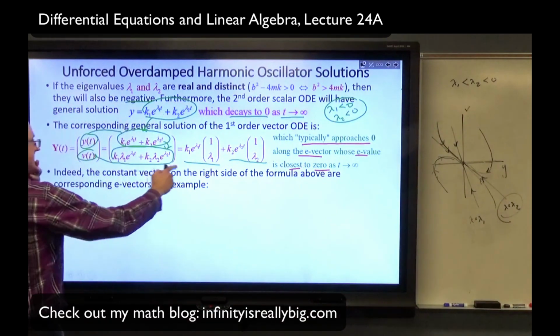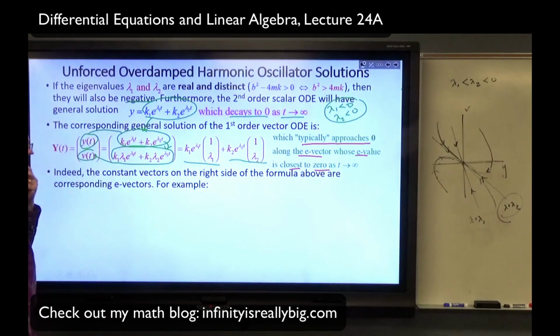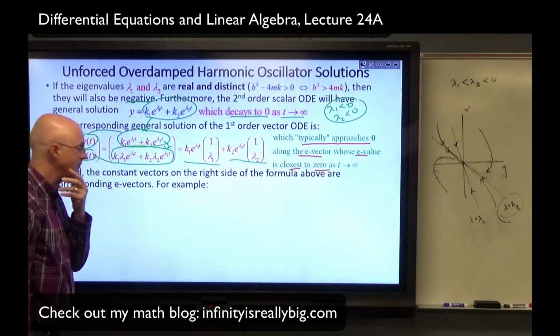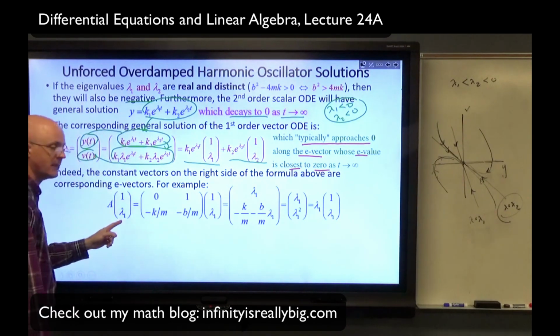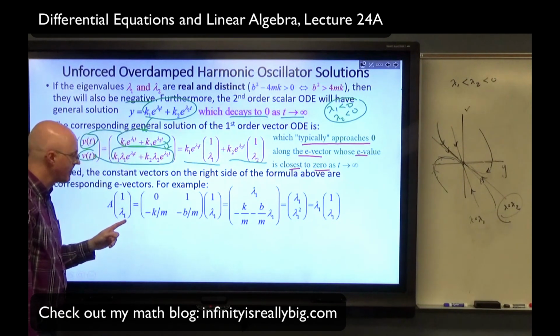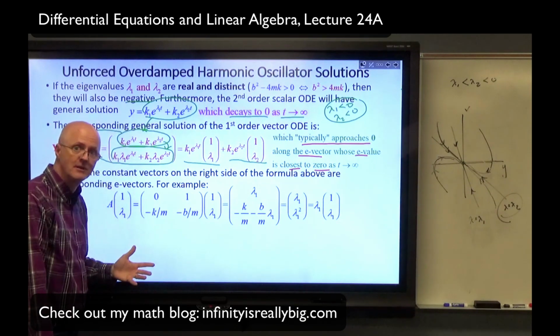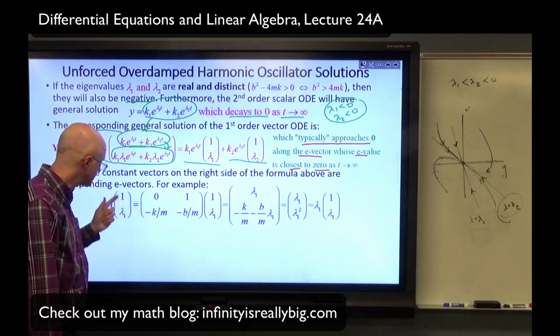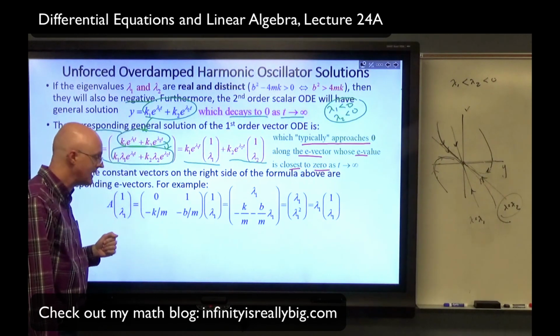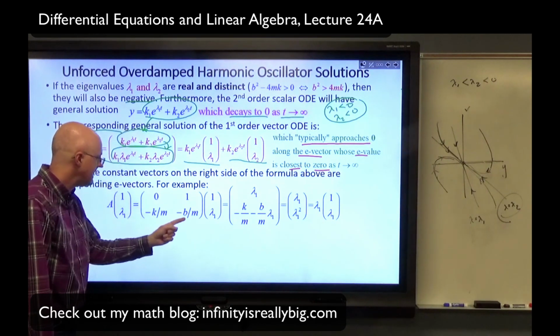Indeed, these constant vectors are eigenvectors for the corresponding eigenvalues. And we can check that by taking A times one of those eigenvectors. If A times that eigenvector is a multiple of itself, it means it's an eigenvector, and it's certainly non-zero. Here's A, multiply.